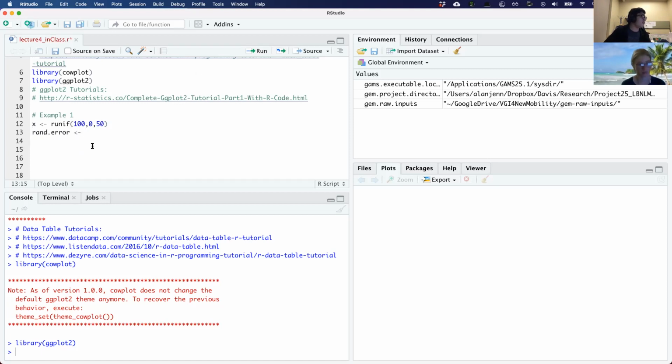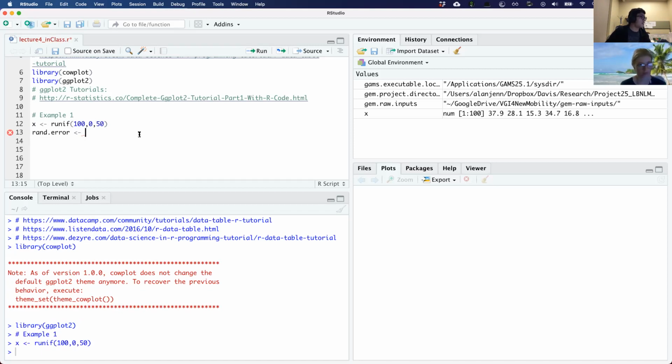So in line 12, we define X as 100 random draws from a uniform distribution between 0 and 50. And here I'm going to create my random error, which I'm going to draw from a normal distribution with a mean of 0 and a standard deviation of 5. I can write these in to be a little clearer: mean equals 0, SD equals 5.